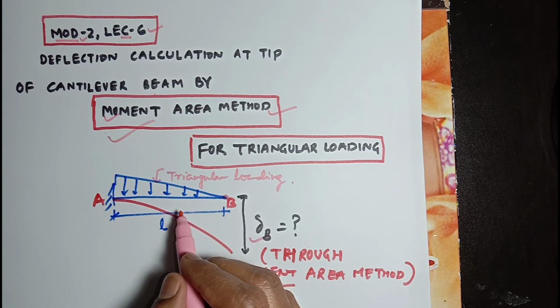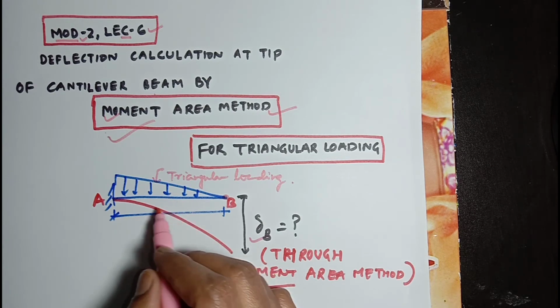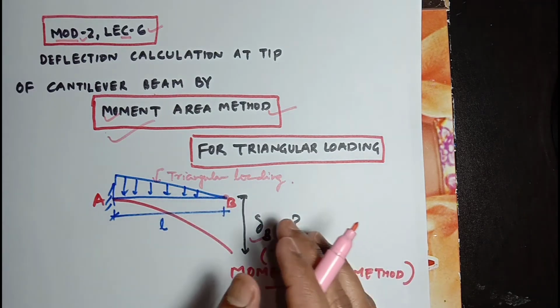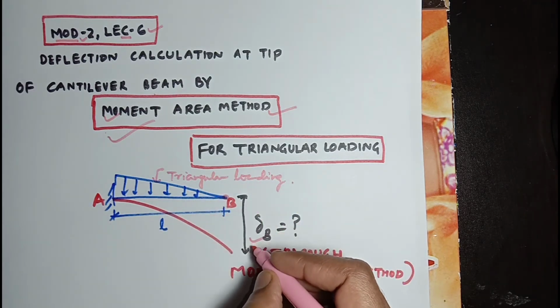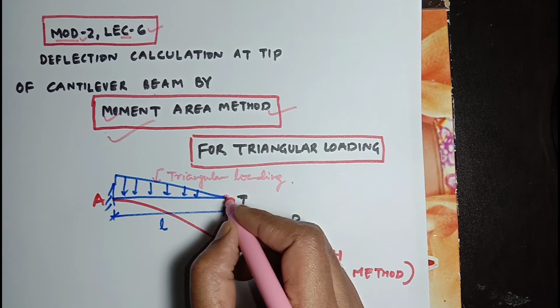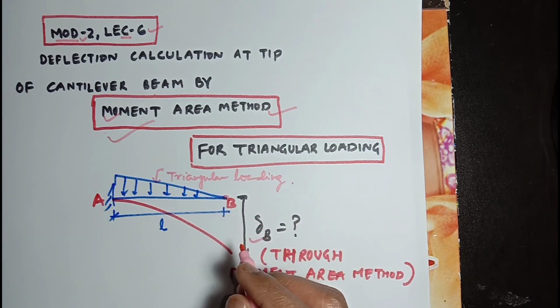Multiplying the area of the M over EI diagram with its centroid will give deflection delta B at the tip of this cantilever beam. Now let's go with this principle to calculate the M over EI diagram, then its centroid.